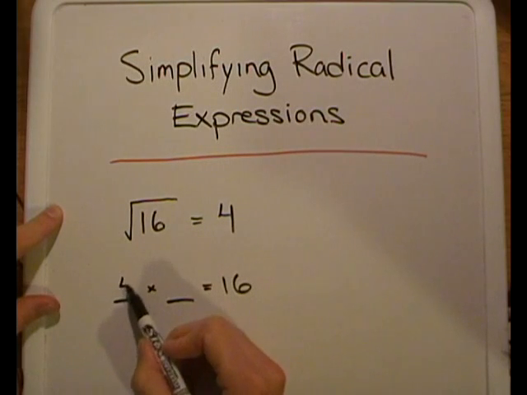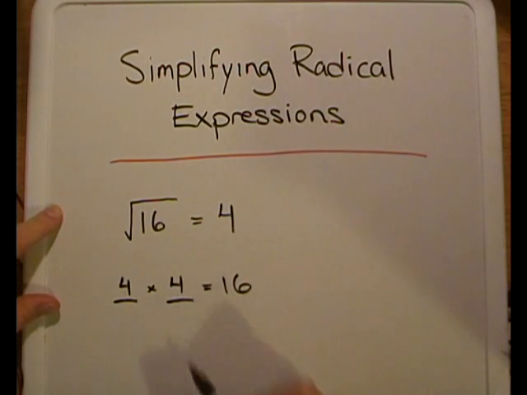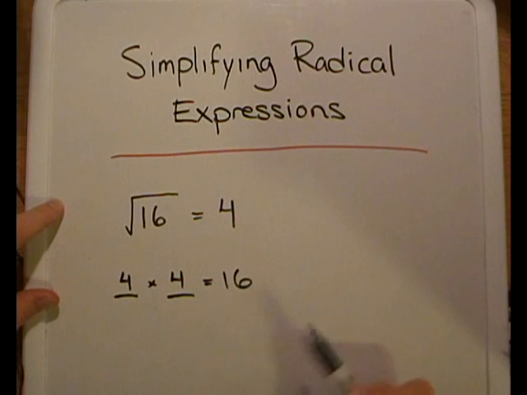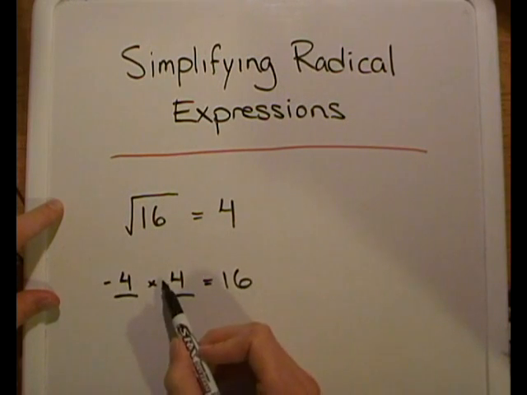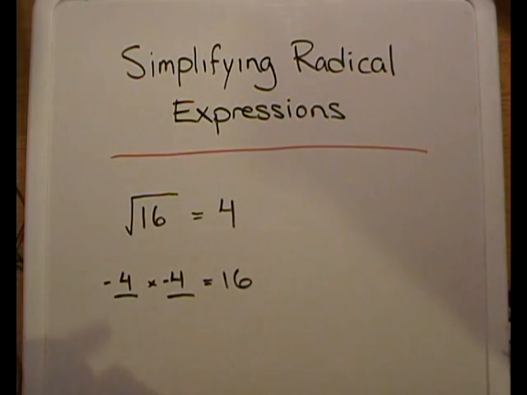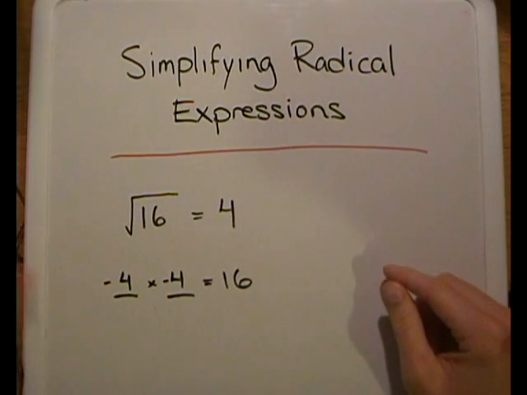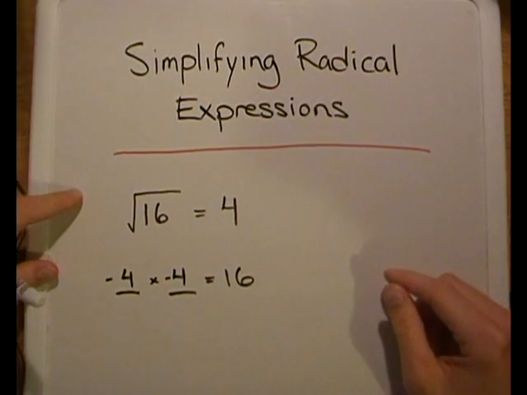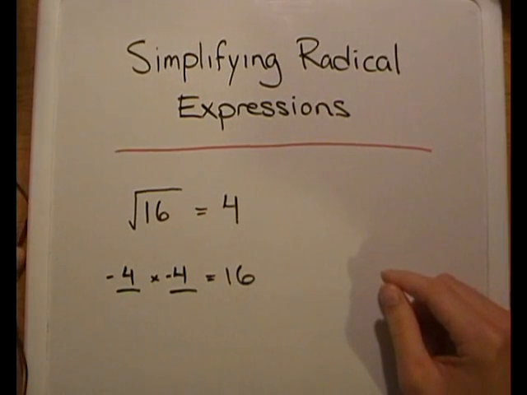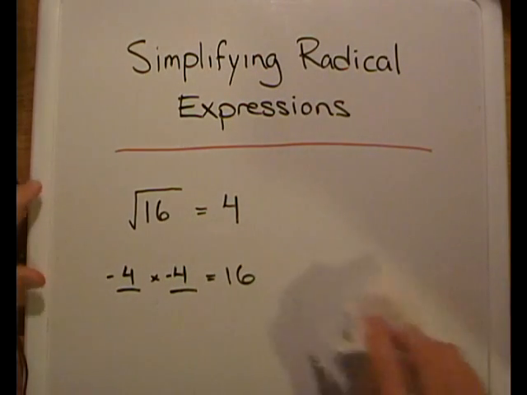So those two numbers are 4 and 4, the same two numbers. This could also be -4 and -4. But in this section I will only consider the positive solutions unless the negative solution is stated, or if they want us to find the negative solution. So I'm only going to focus on the positive one for now.